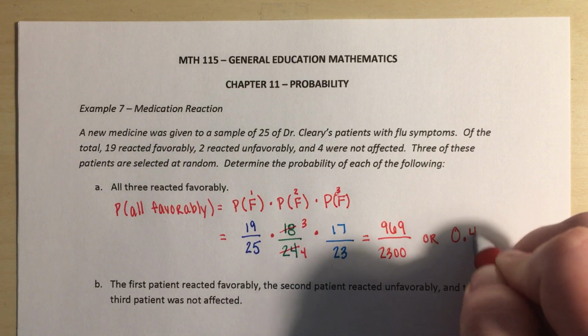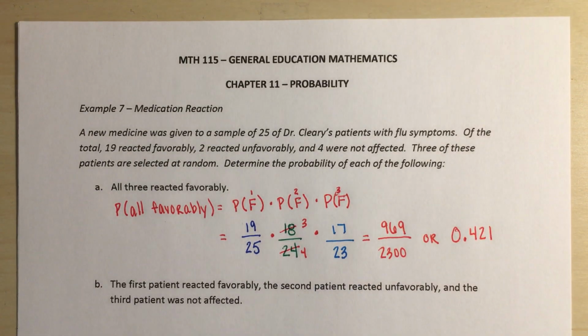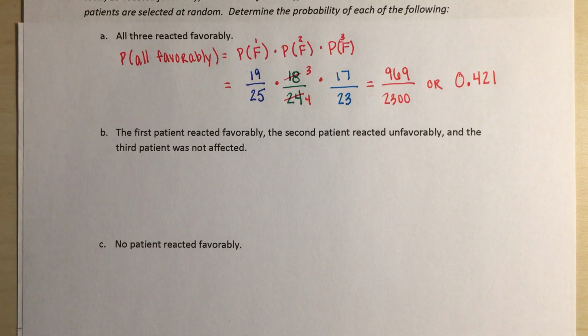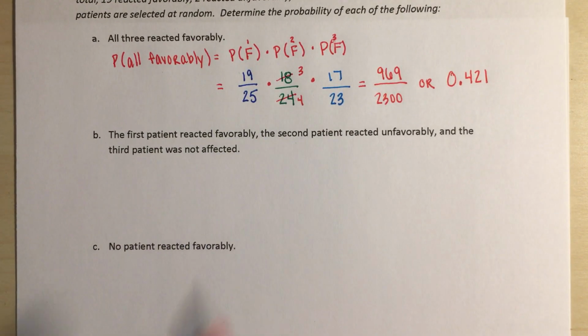So we'll round this to 0.421, or about 42%. We have about a 42% chance of randomly selecting 3 people that all reacted favorably. This would be a case where we do have dependent events because our first probability does change our second one. So just to throw that in there as well.